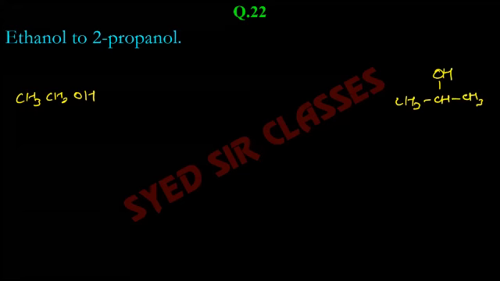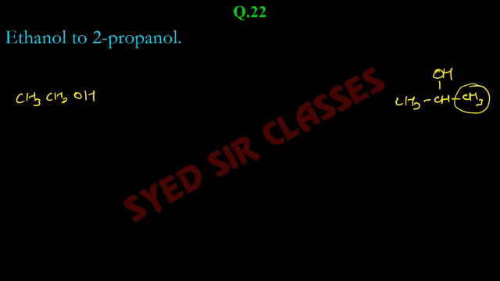First look at the configuration change. We have to introduce one CH3. Most probably we should be using CH3MgBr, a Grignard reagent. But we have an alcohol, and a Grignard reagent we can use with an aldehyde or ketone. So we convert it to an aldehyde.